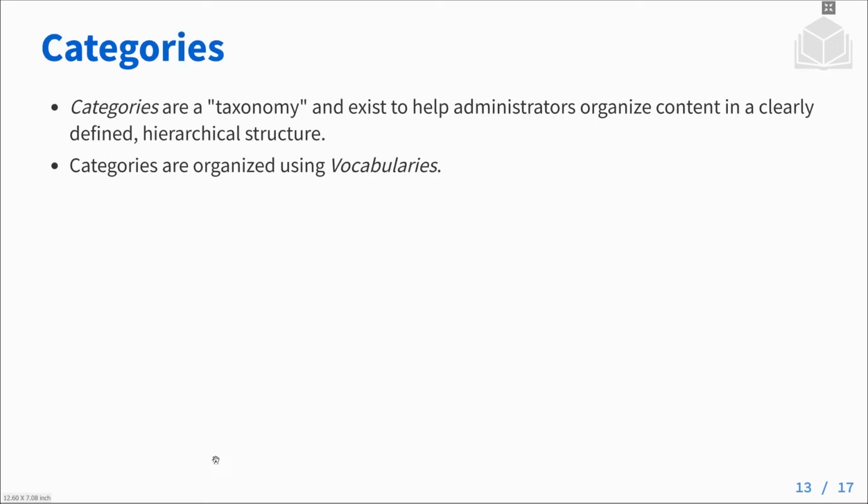We have these things called categories as well. Categories are a taxonomy. The taxonomy idea is just a way of classifying things, generally speaking. In the Liferay world, we differentiate taxonomy or tags and categories by who is controlling them. As we mentioned, tags are user-driven.